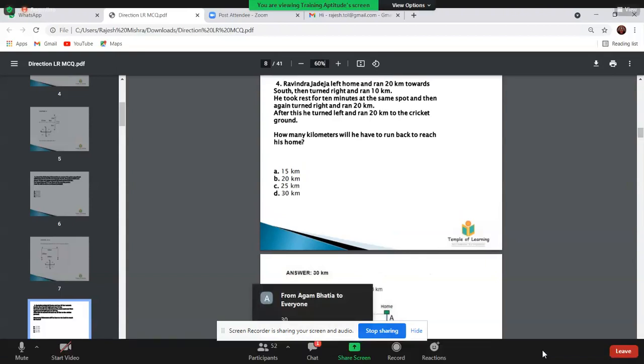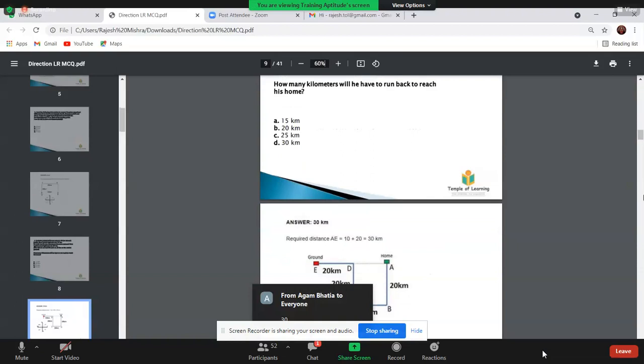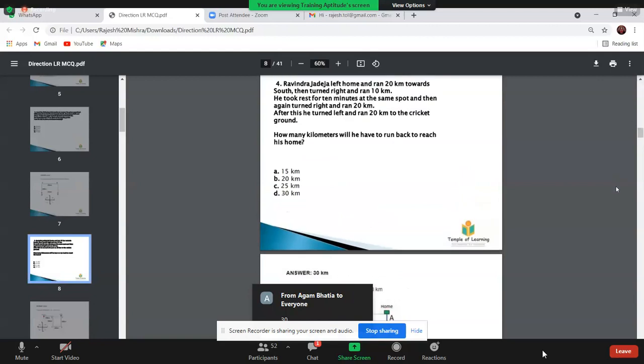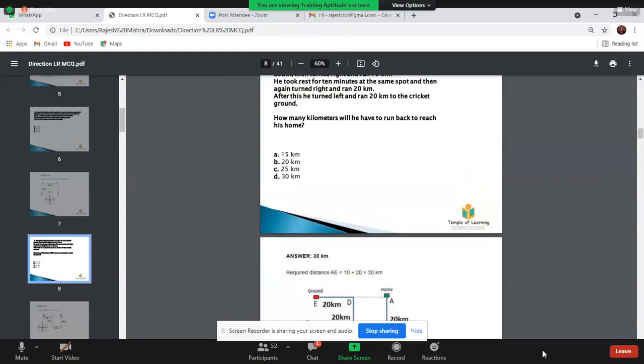So 30. Yeah, 30 is absolutely correct. Why is 30 absolutely correct? Because see, ground to home, E to D is 20 as in accordance, and D to A is 10.